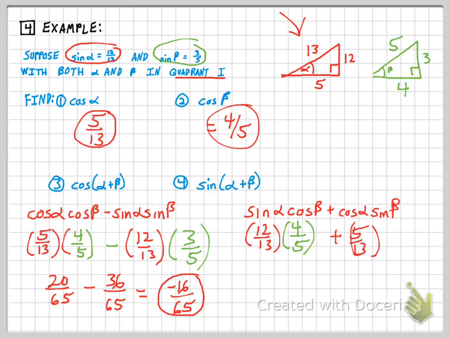And sine of beta is 3/5. And putting all that together, I should get a simple answer. This time it's 48/65 plus 15/65 for a final answer of 63/65.